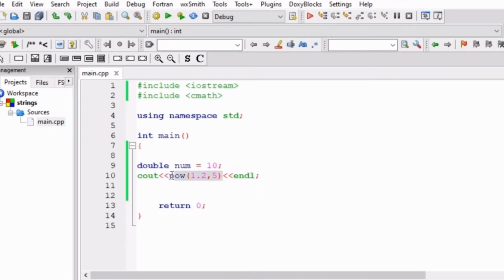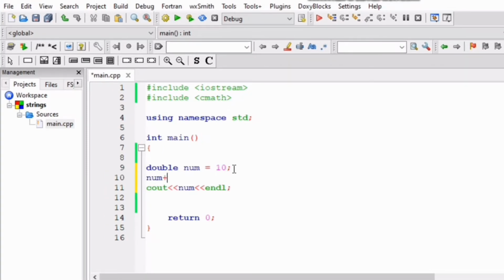So let's try something else. Let's remove this and put num. Let's write num, then num plus plus. What is the function of plus plus?